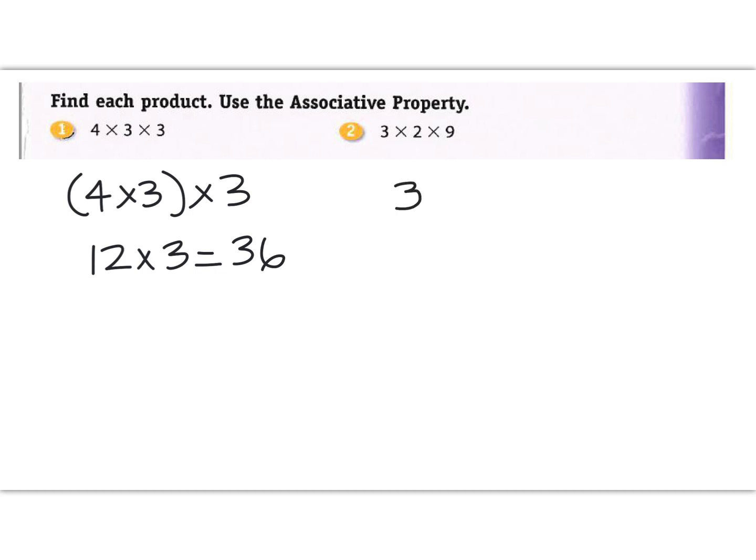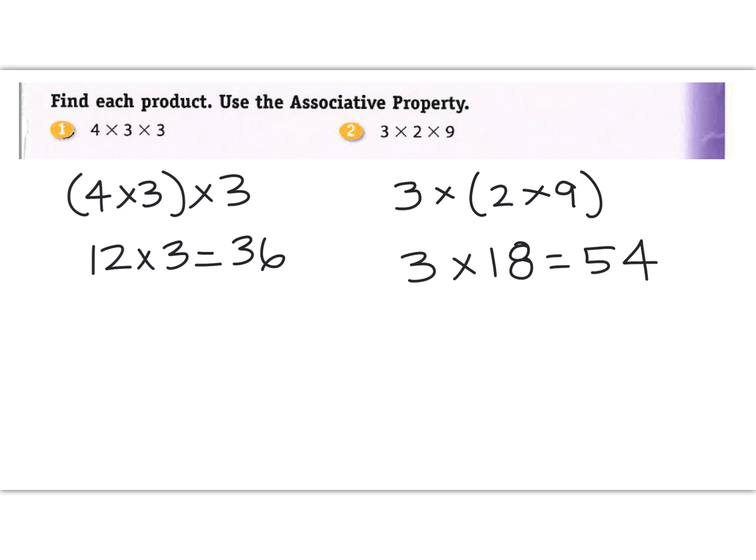Let's put the parentheses like this. So then we have 3 times 18, and 3 times 18 equals 54. If you did not like doing it that way, you could always have done 3 times 2 times 9, and then you get 6 times 9, which equals 54.